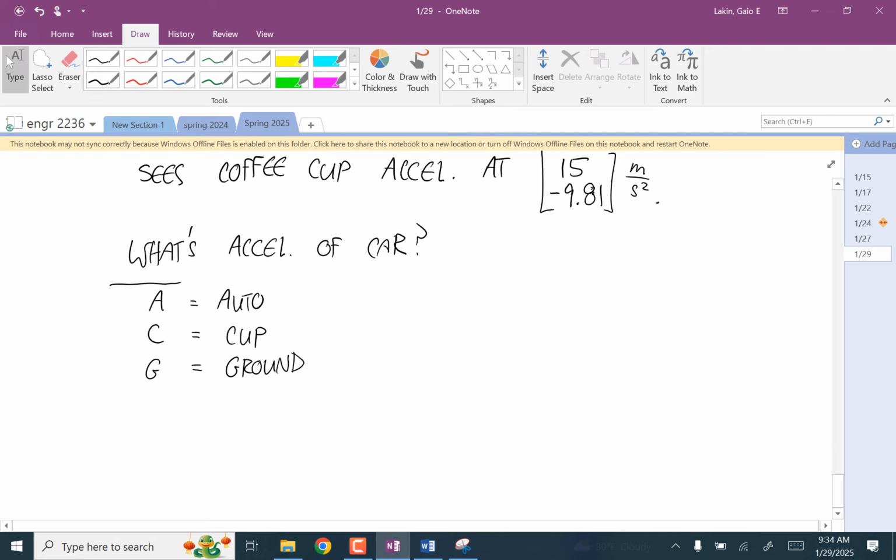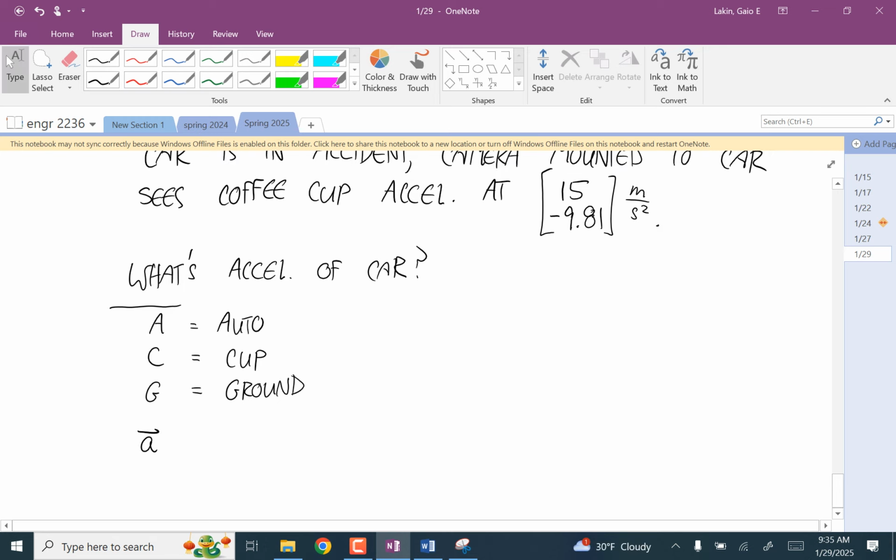We know that the acceleration of, so this measured acceleration, what would be the subscripts for that? Cup relative to, C relative to Otto, yeah. So this is C relative to A, and that is 15, negative 9.81.